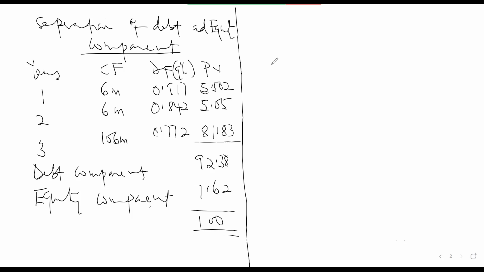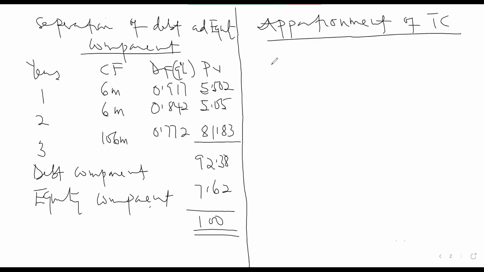But we have to look at the allocation or the apportionment of the transaction cost. How do we apportion the transaction cost? So we come to the debt component. What portion will go for the debt component? The debt component will take 92.38 over 100 times the 1 million.